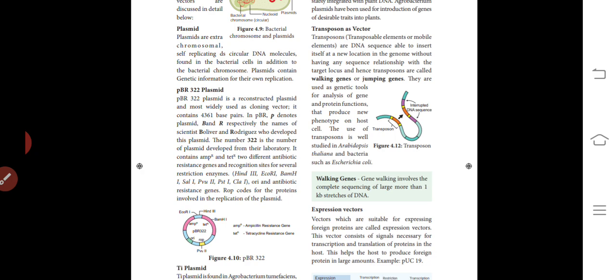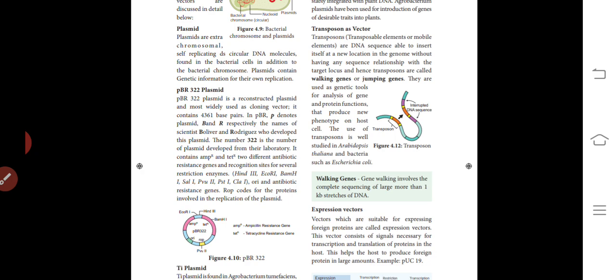In addition to the bacterial chromosome, plasmids contain the genetic information for their own replication.